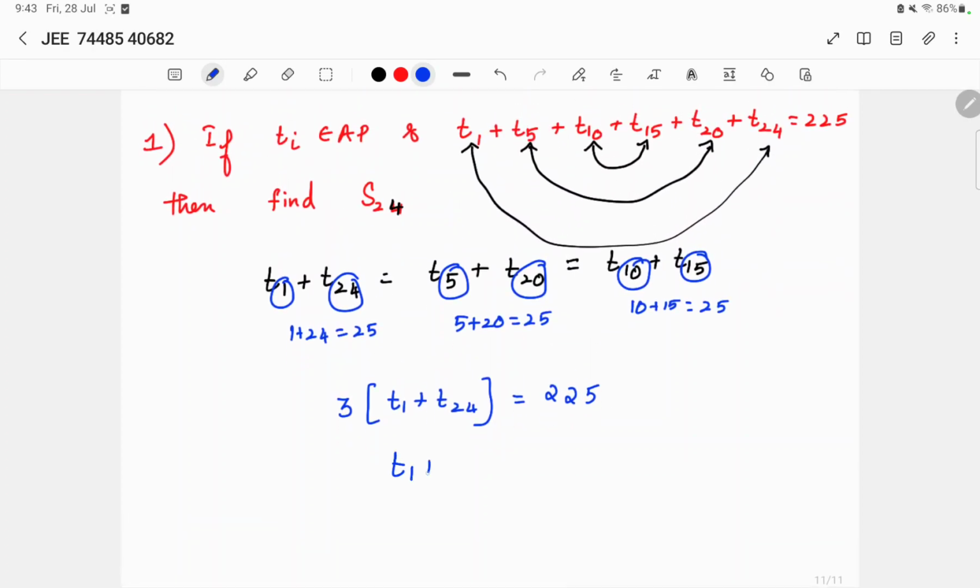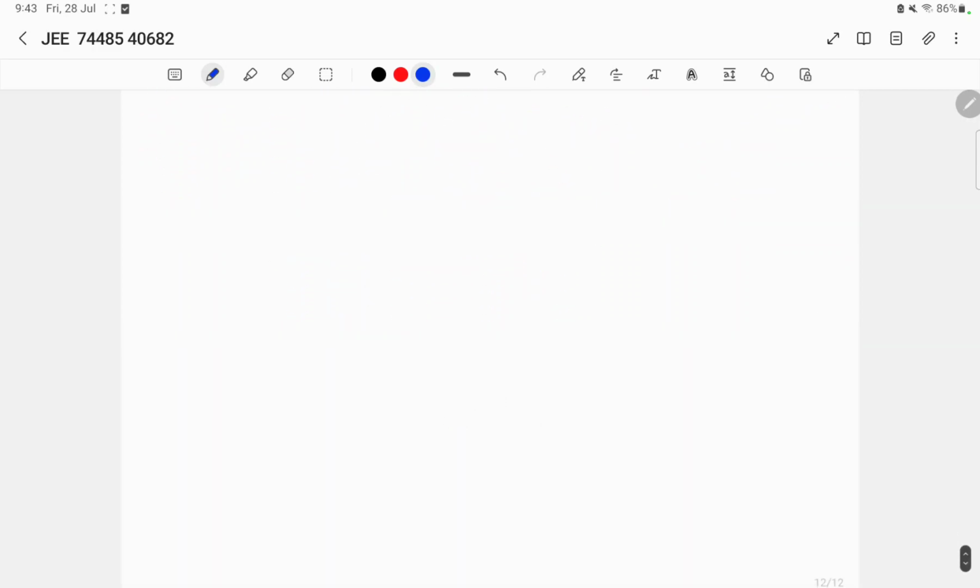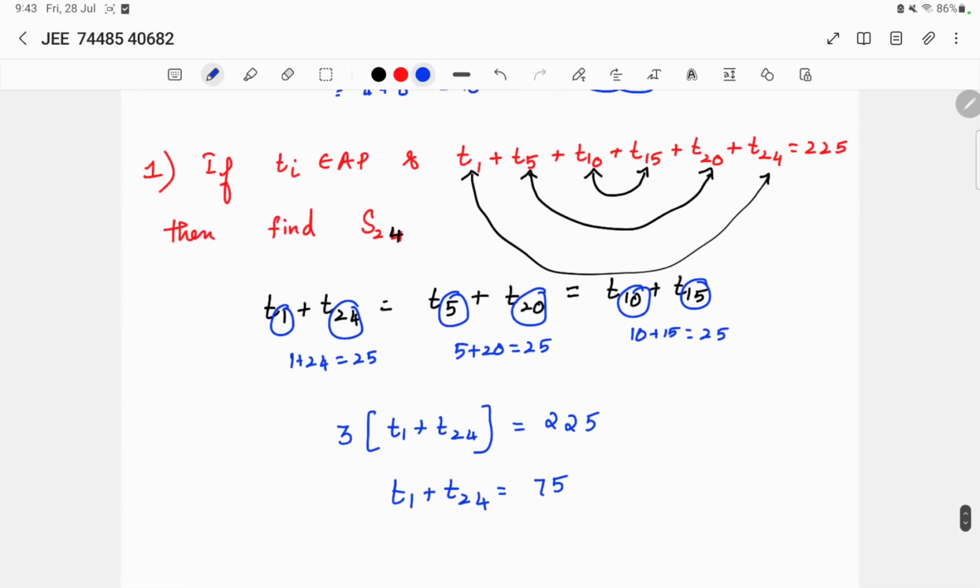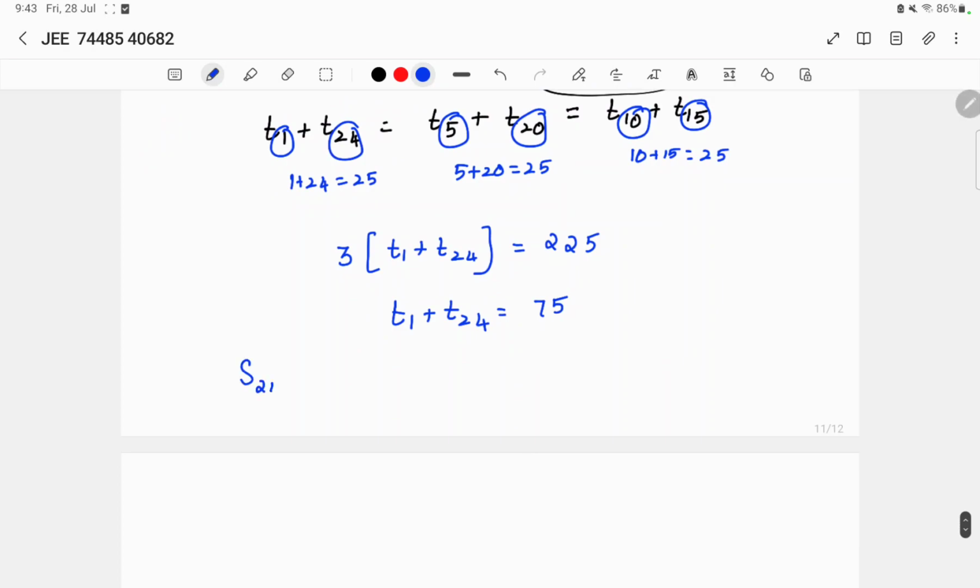So T1 plus T24 is 225 divided by 3, which gives 75. Now we got T1 plus T24 equal to 75. What they are asking is S24. Sn I can write as n by 2 into first term plus last term.